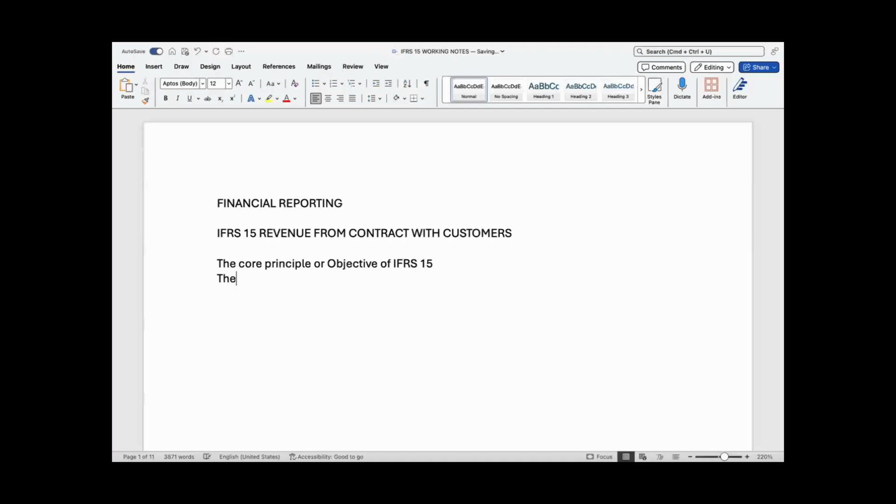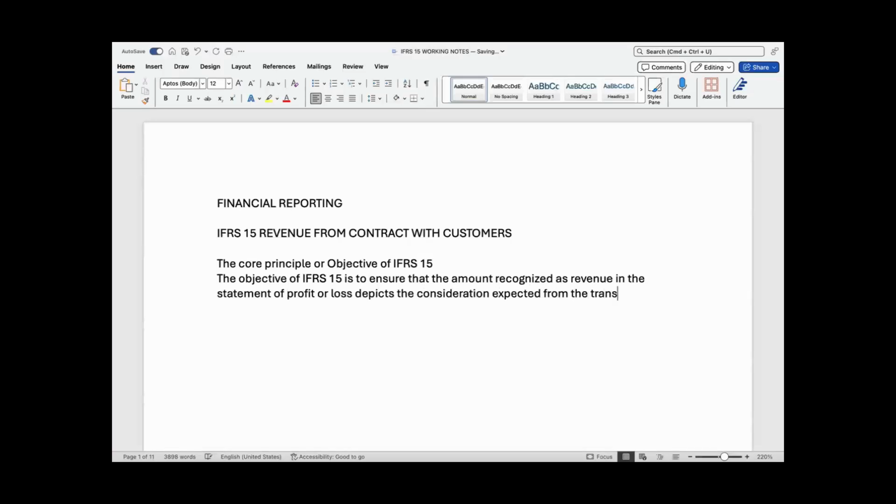The core principle or the objective of IFRS 15 is to ensure that the amount recognized as revenue in the statement of profit or loss depicts the consideration expected from the transfer of promised goods or services.